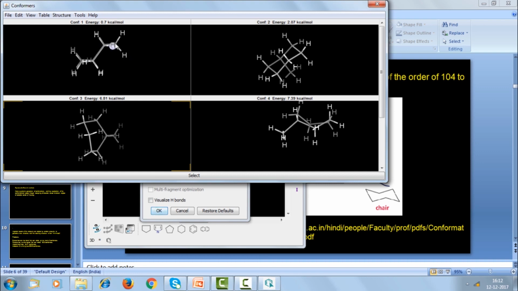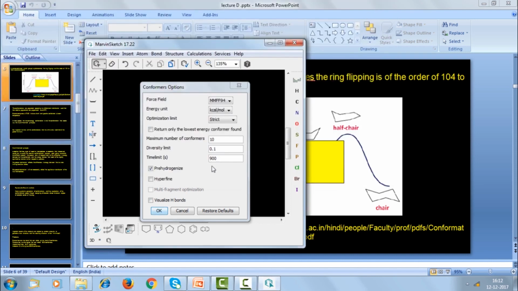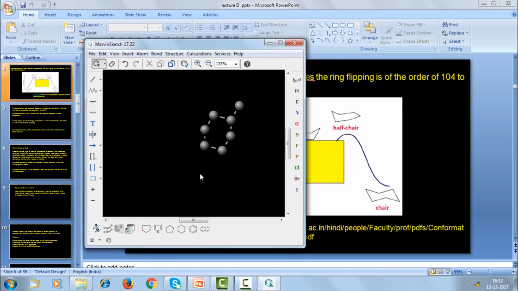Okay, the carbon sitting here, that is why the energy is very low, 0.7 kilocalories. So, you can see from this software we can get different conformations of the molecule.